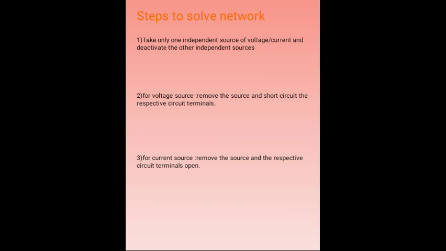Now there are some steps to solve a network problem. First step is to take only one independent source and deactivate the other independent sources. It means in the given network we have only one source and the other sources are replaced by their internal resistance as discussed before. In the second step, for a voltage source, remove the source and short circuit the respective circuit terminals.